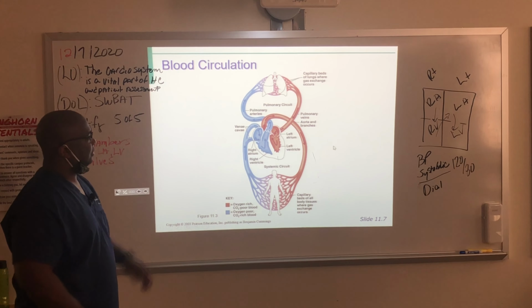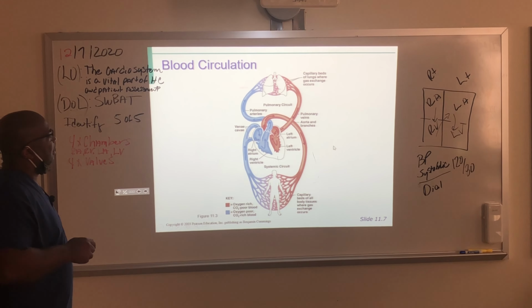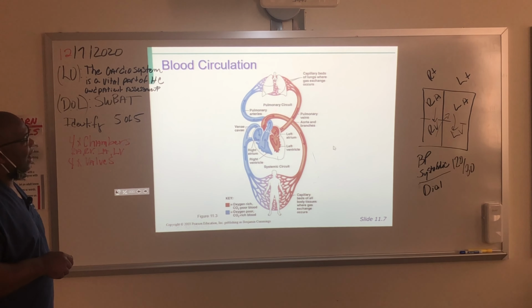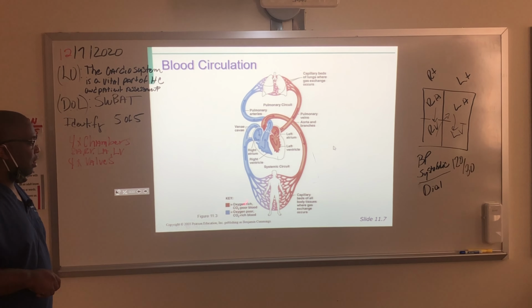Blood circulation. If you look here, on the right side you have red. Red represents what? What did I tell you? Oxygen-rich blood. That is blood with oxygen and other nutrients that's going to drop things off to the body.